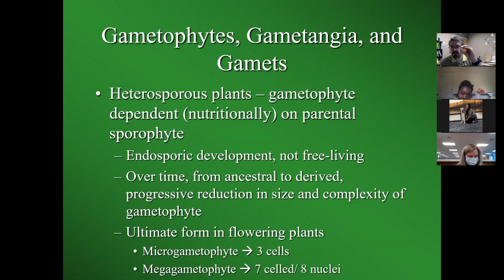It gets smaller and smaller and smaller while it's being protected inside. It will eventually get to the point where the gametophyte will be 3 cells. That's it, 3 cells if you're a microgametophyte in the flowering plants, and 7 cells with 8 nuclei in the megagametophytes. And we're going to describe that in lecture 2.